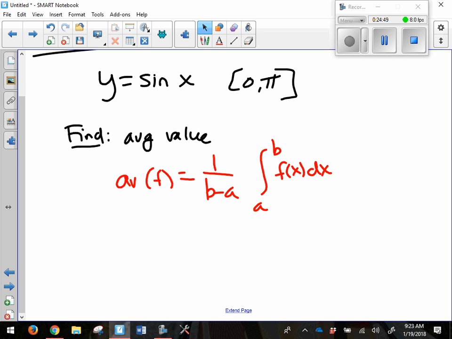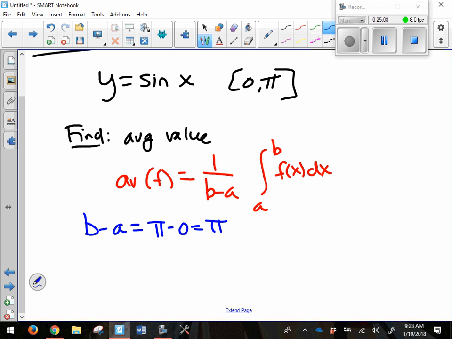So b minus a is easy. What's that going to be? Yep, pi minus 0, which is going to give us pi.